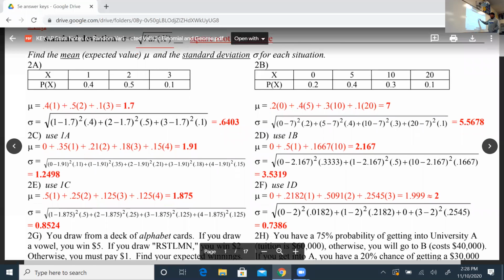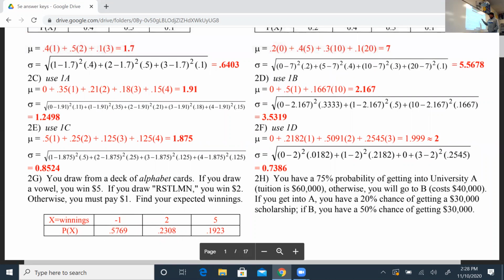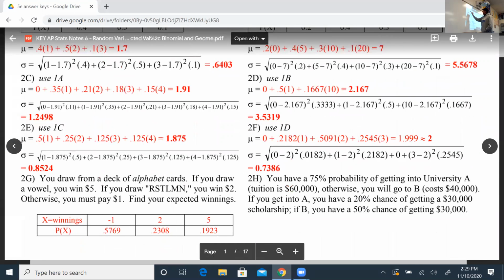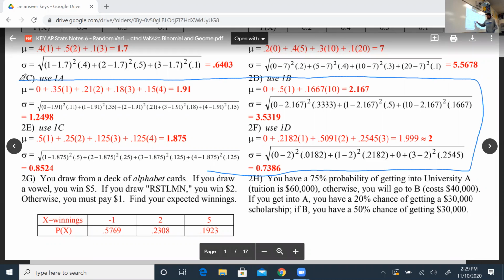The next thing is I wanted you to do C, D. I wanted you to do the other ones. What I'm going to do right here is invite you on your own to go through the tables above that we did, and pause the video.